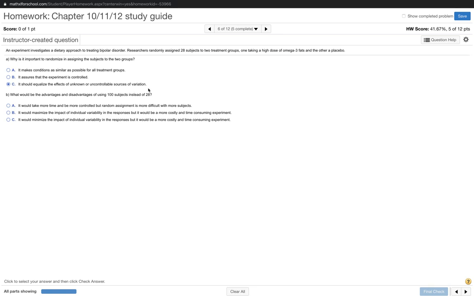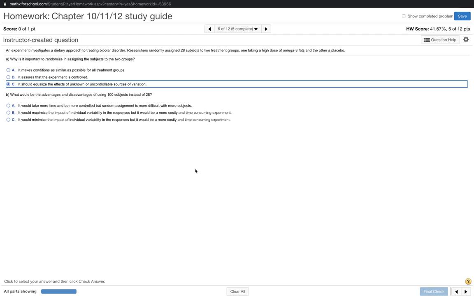In other words, it equalizes, it alleviates, it lessens the effects of those potential sources of bias. So the answer in this case is C.